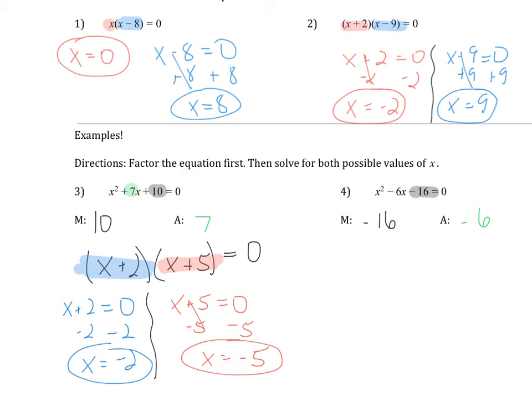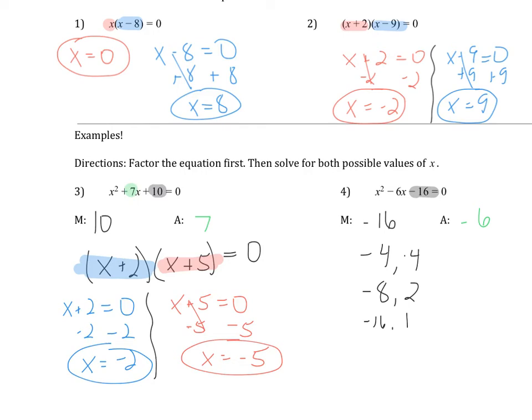Well, I know if it multiplies to get negative 16, one number has to be positive, one number has to be negative. So I have negative 4 and positive 4. I could have negative 8 and positive 2. I could have negative 16 and positive 1. And I could keep going here, right? But again, I want two numbers that multiply to negative 16 and add up to negative 6.